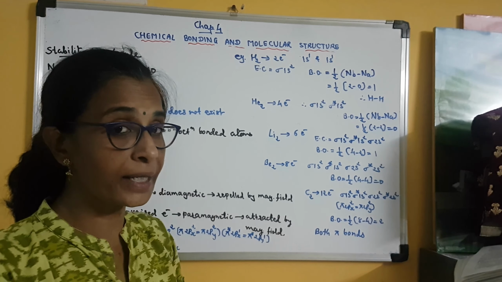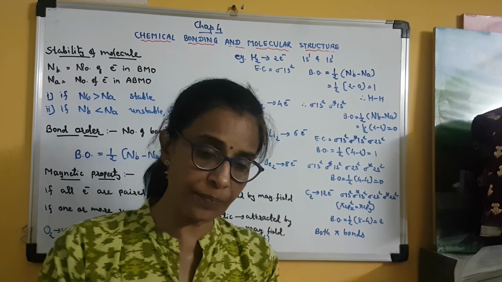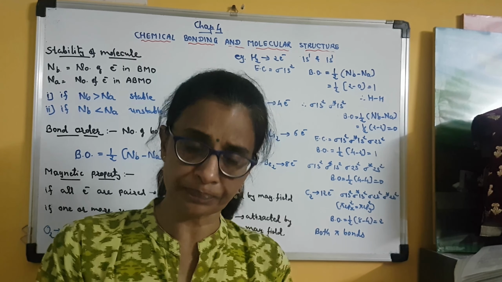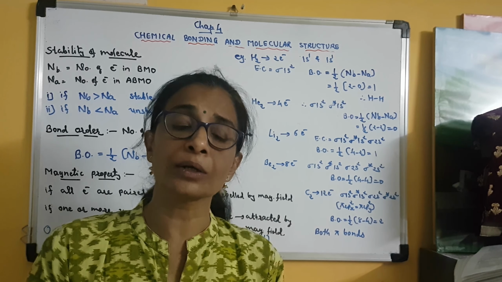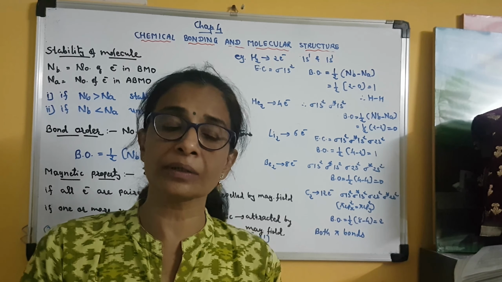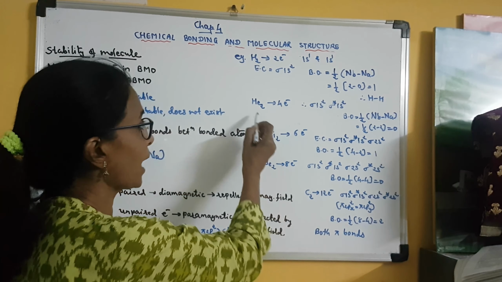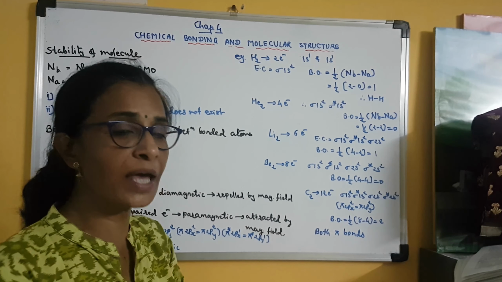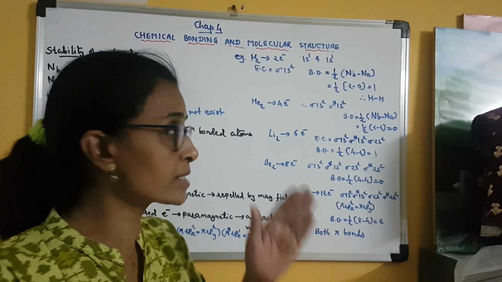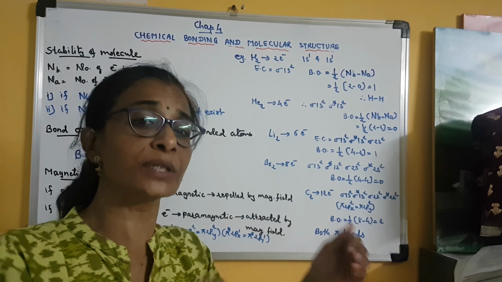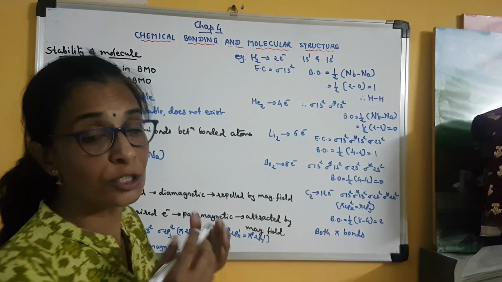We also know that inert gases, except xenon, the other elements don't react even with themselves or with other atoms. Clear? But here you can see He2 I have written, means helium has reacted with helium. Clear? That is not possible because we know that it is an inert gas, so it cannot react even with itself. So now we will prove why this type of molecule is not possible.